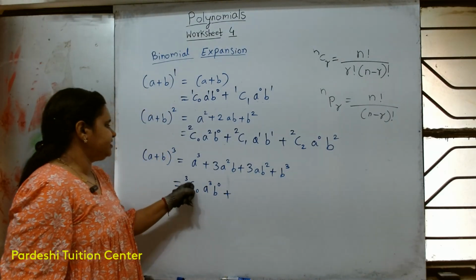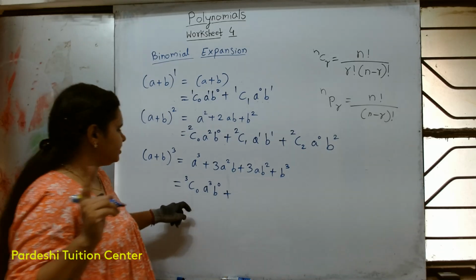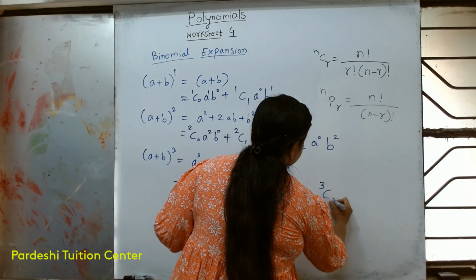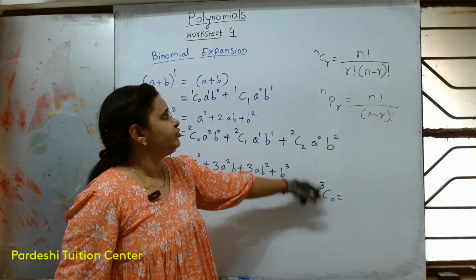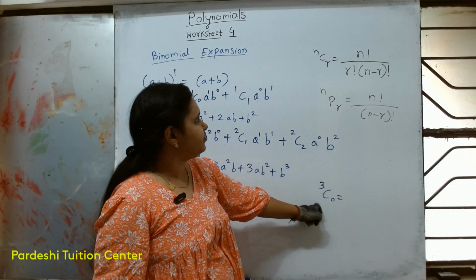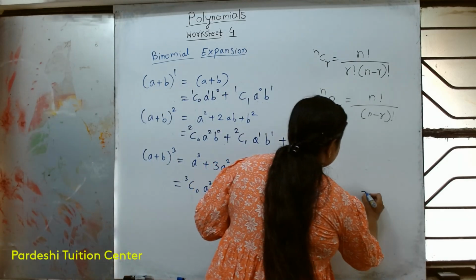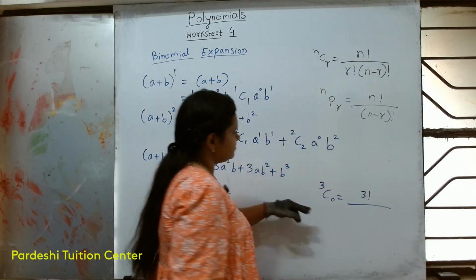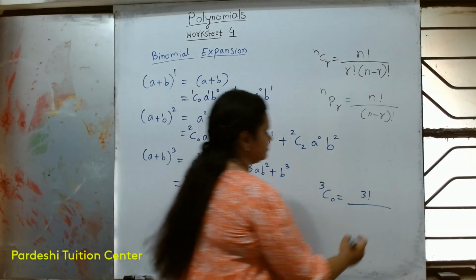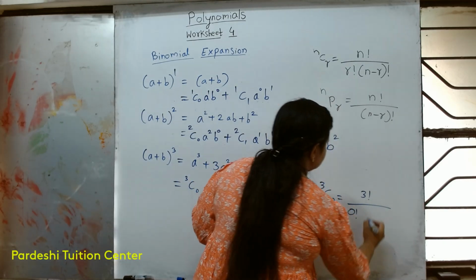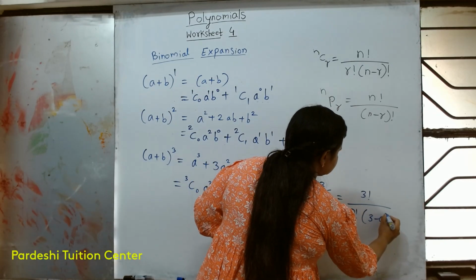Okay. Let us check if 3c0 is coming as 1. If I take 3c0 and put it in the formula of combination, it will be n factorial, that is 3 factorial, upon r factorial. R is 0 here, so it will be 0 factorial. Again n minus r is 3 minus 0 factorial.